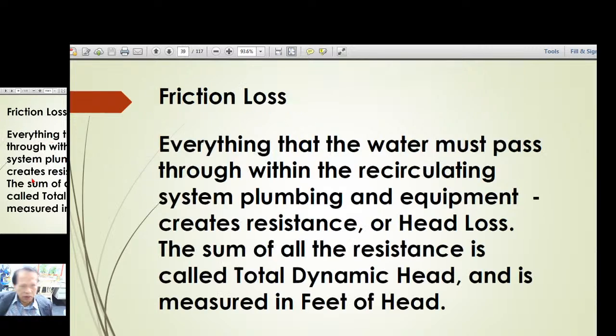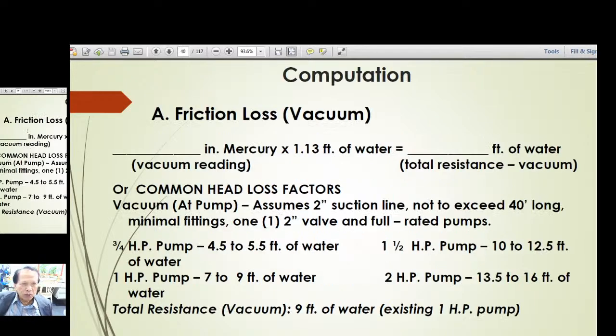Friction loss. Everything that the water must pass through within the recirculating system, plumbing and equipment, creates resistance or head loss. The sum of all the resistance is called total dynamic head and is measured in feet of head. Okay, so the computation for friction loss: vacuum in inches of mercury times 1.13 is equal to so many feet of water, which is the total resistance.